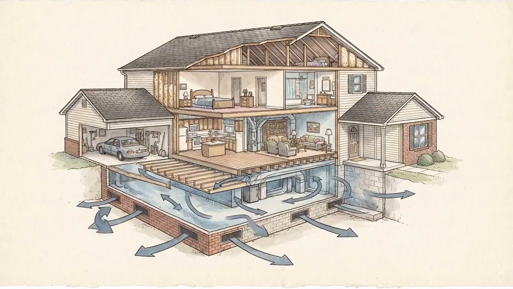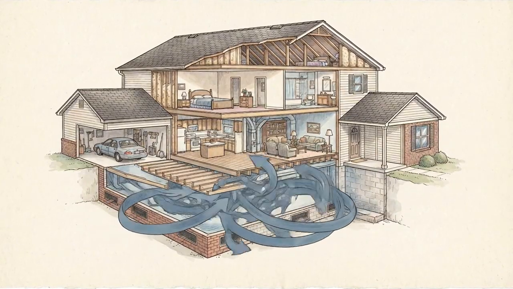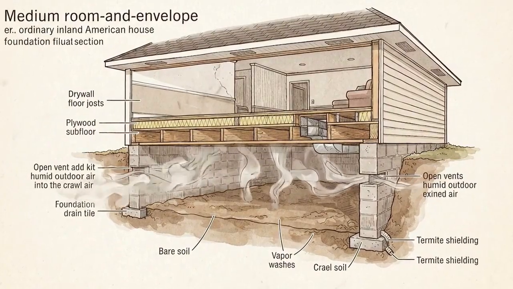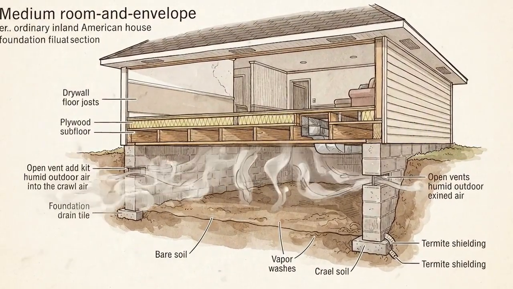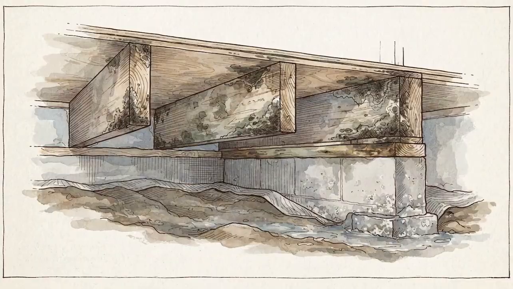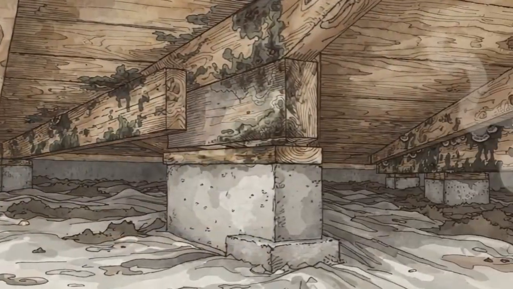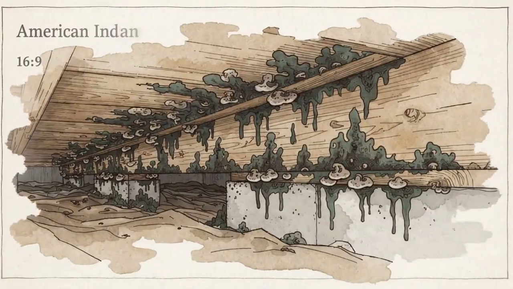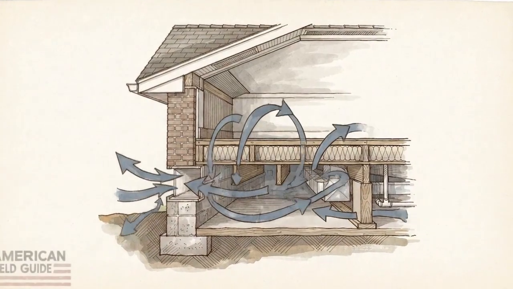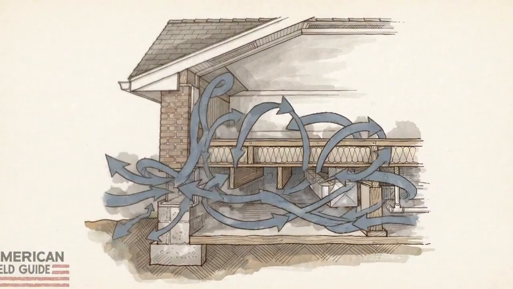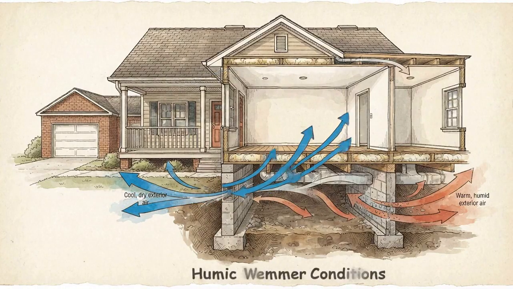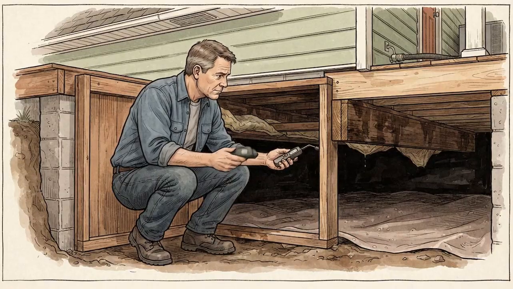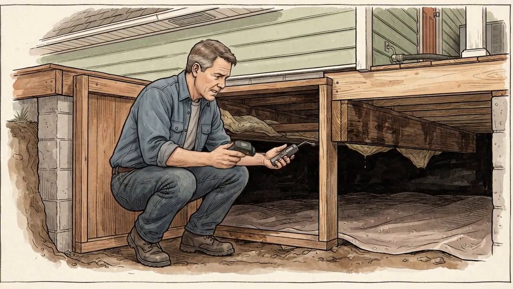The vents were designed for a different problem in a different climate. They were developed for conditions where summer air is dry and the primary threat was soil moisture rising unchallenged into wood framing. In that environment, ventilation works. Dry outside air does carry moisture away from the space. The code was written and the building practice spread nationwide before systematic field measurement had been done in humid climates.